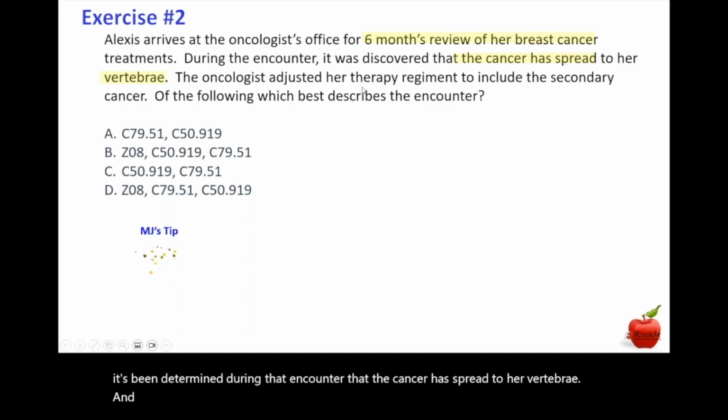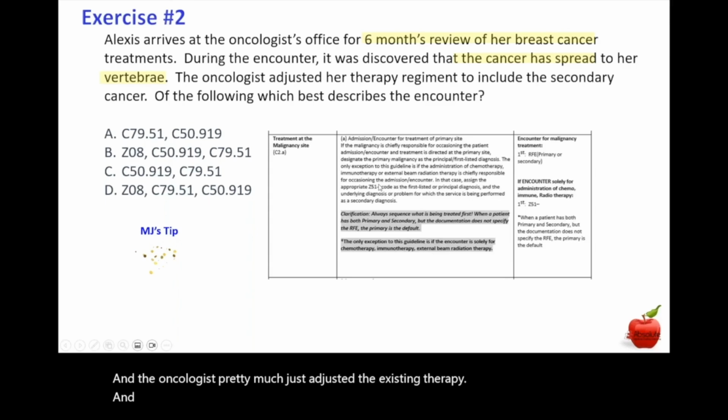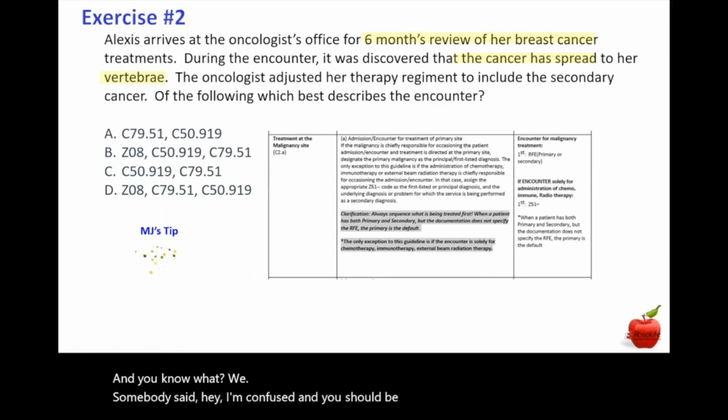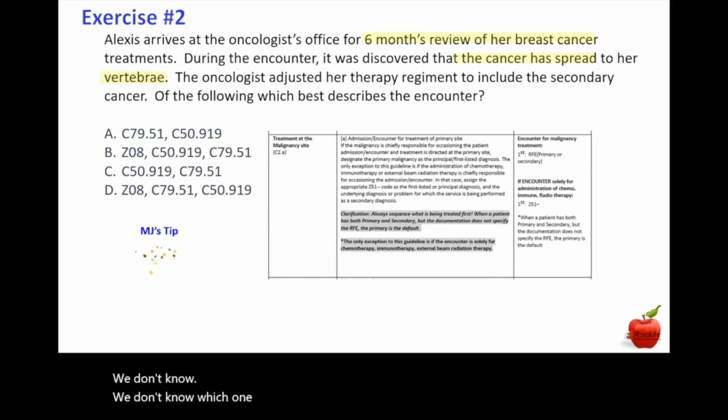And the oncologist pretty much just adjusted the existing therapy. Somebody said, hey, I'm confused, and you should be, because we don't know which cancer was treated, right? We don't know which one the treatment was directed at.